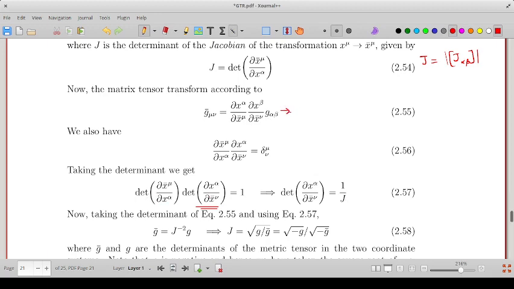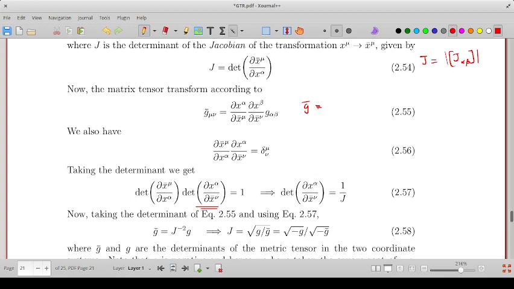Now again, similar to what we have done here, we can take the determinant of this equation. This is a matrix and this is a matrix and this is a matrix. So the determinant of the left hand side is equal to the product of the determinants of this times this times this. The determinant of g bar mu nu is written as g bar.